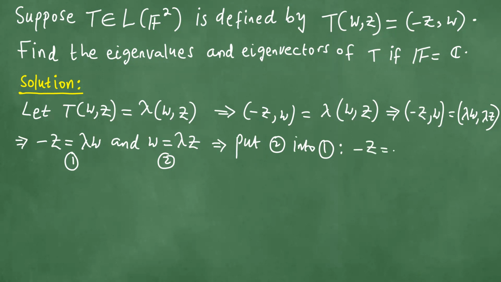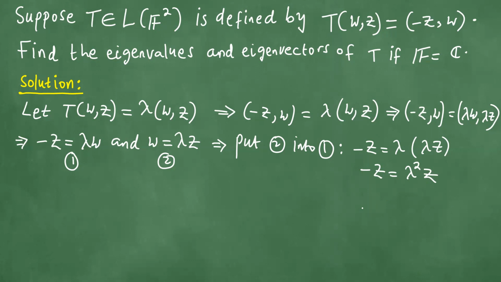Minus Z equals λ times W, and W is λZ. So we have −Z = λ²Z, which means Z equals... minus λ² Z.